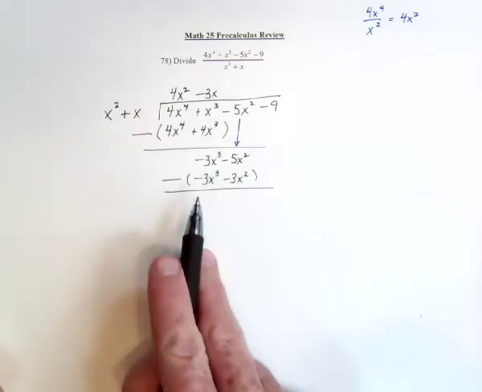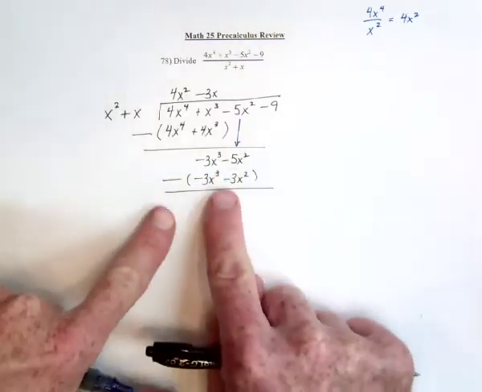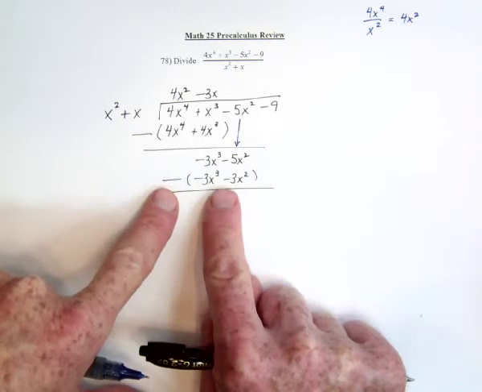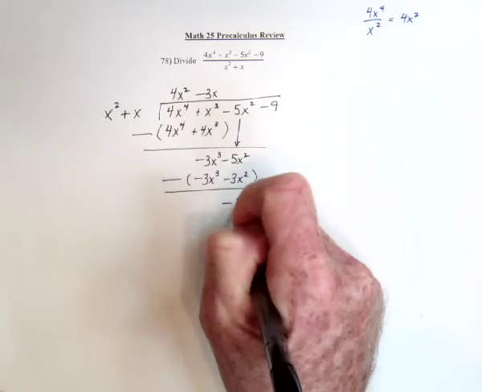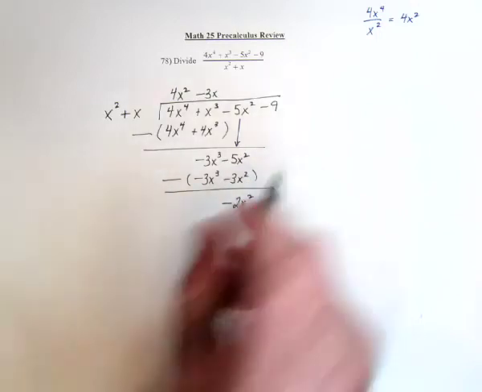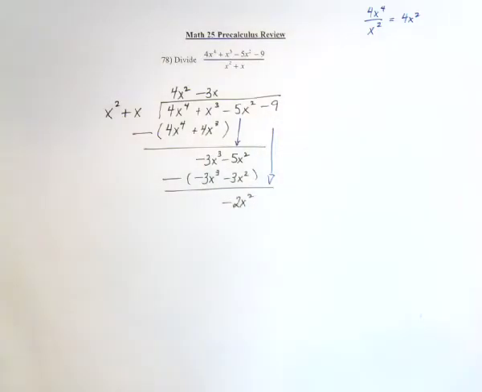So these x cubes are going to cancel, and this is going to be a negative 5x squared combined with a positive, because of these two negatives, a positive 3x squared. That leaves behind negative 2x squared. And then carry down this last negative 9.